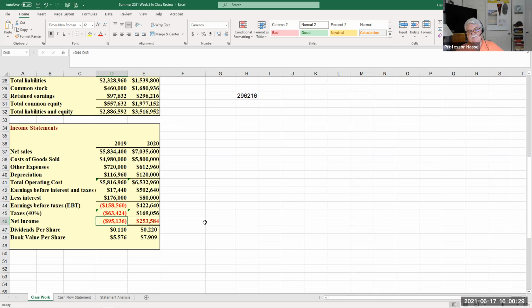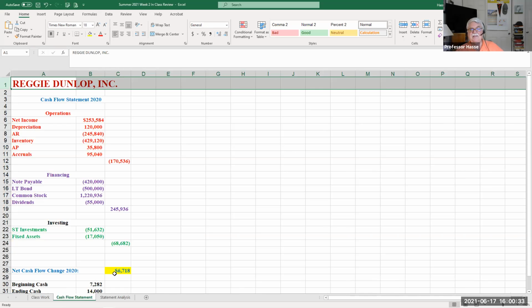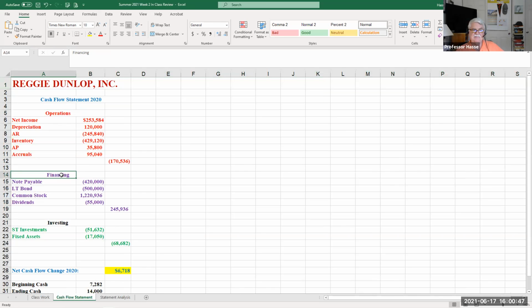That's the income statement of the business. And the cash flow statement is where did the money come from? What cash came in? What cash went out for a year ending December 31st, 2020? And it's in three particular areas of the company: operations, financing, and investing. The combination of that is our total gain or loss of cash during the course of the year.